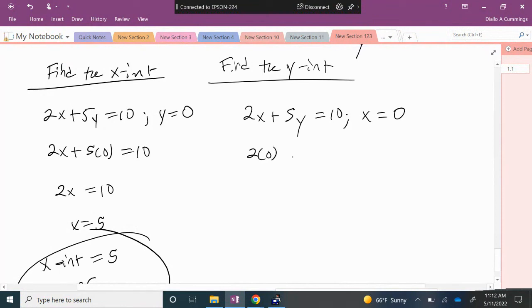So we're going to take our equation 2 times x, but we're going to substitute x with 0, plus 5y is equal to 10. All right, 2 times 0 is 0, so I'm going to bring down 5y is equal to 10. Divide both sides by 5, so y is equal to 2.